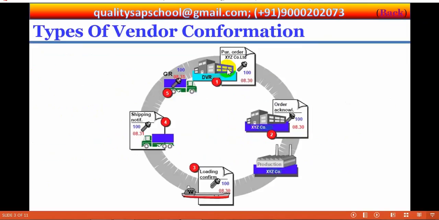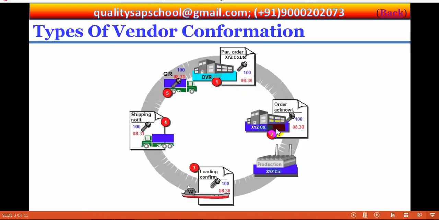Here, suppose XYZ company has delayed giving the acknowledgement in time. What is this company going to do? It is going to give another type of information, urging letters. Here there are two types of flow of information.